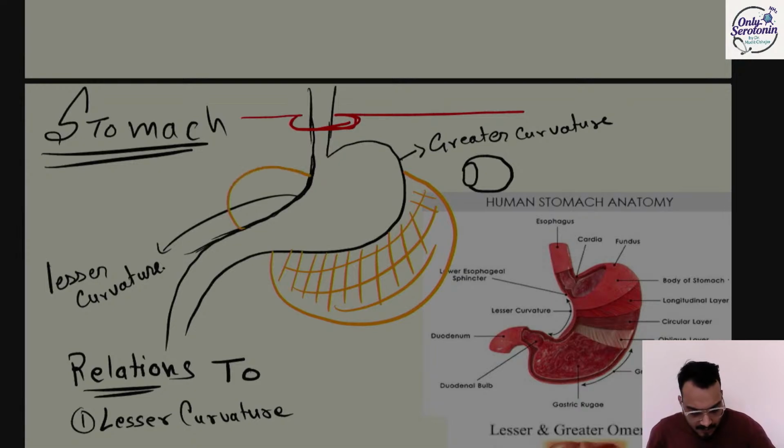On my greater curvature as well as on the lesser curvature. The fatty layer which is present on my greater curvature is the greater omentum, and the one which is present on my lesser curvature is the lesser omentum.